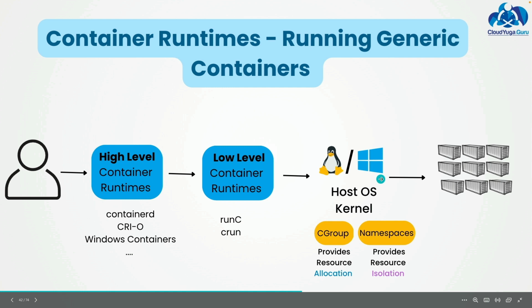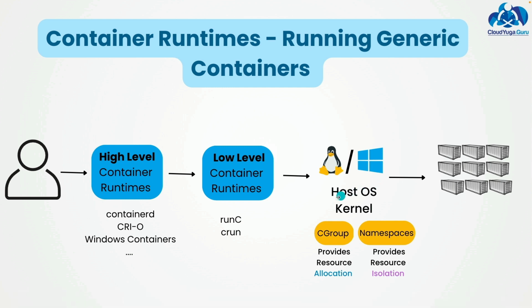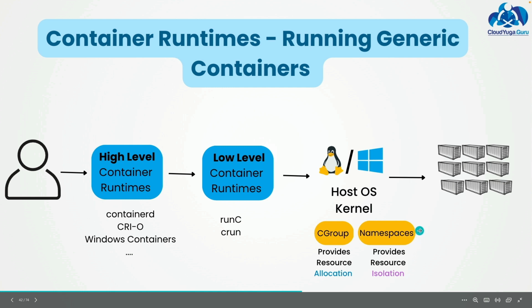So for example, when we create a container and we want to allocate a fixed 2 GB RAM for our container, then the control group would implement that particular limitation. Similarly, if for our container we require a unique IP address, a unique host name and so on, that is what we are going to get with the namespaces feature, which is going to provide us isolation.